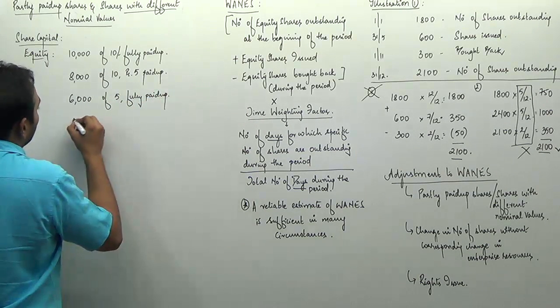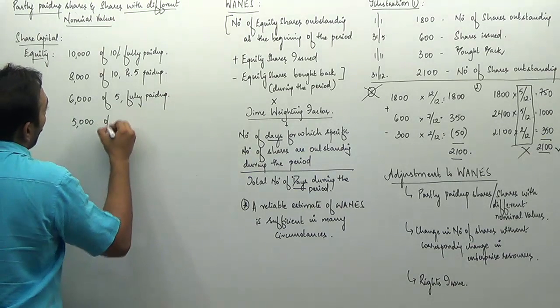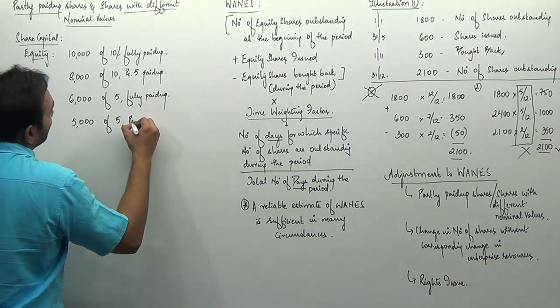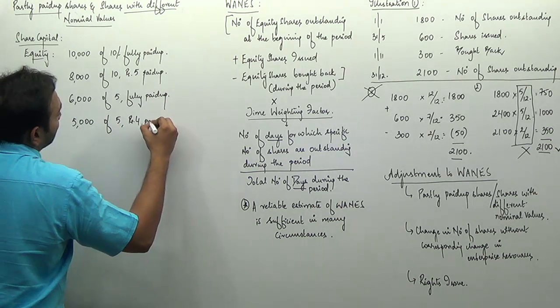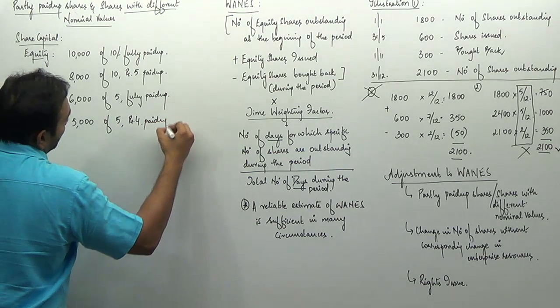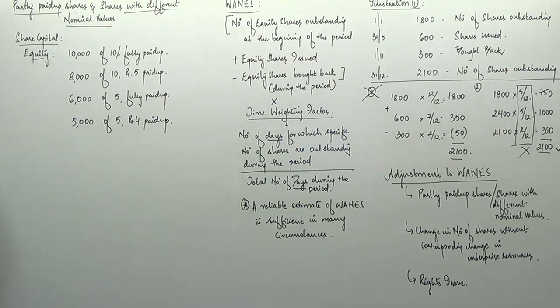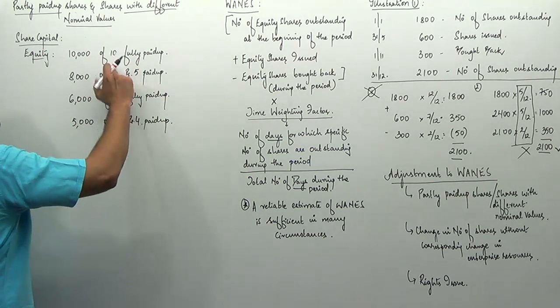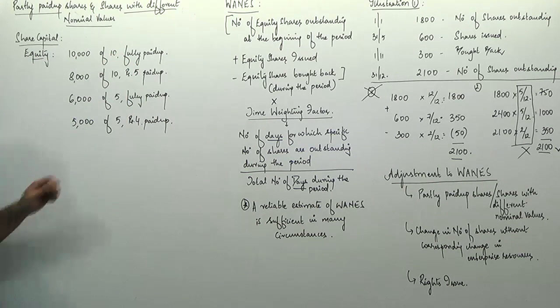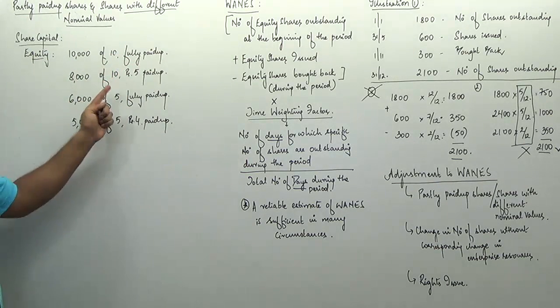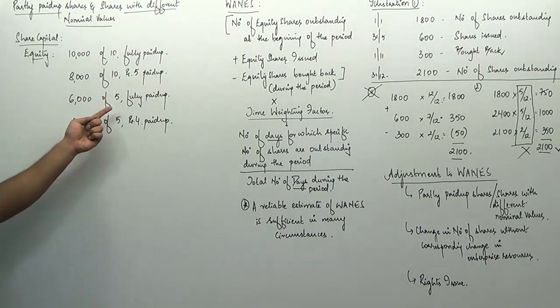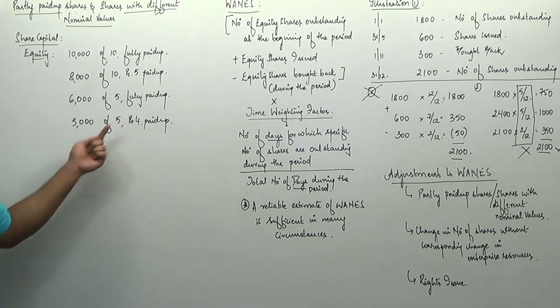And I also have 5,000 shares of 5 rupees, of which only 4 is paid up. Now this is my total existing share capital. I have shares with nominal value of 10 as well as 5. Two nominal values existing. Such a 10 rupee share is fully paid up, or such a 10 rupee share is 5 paid up. Or I can have a 5 rupee share which is fully paid up, or a 5 rupee share which is 4 paid up.